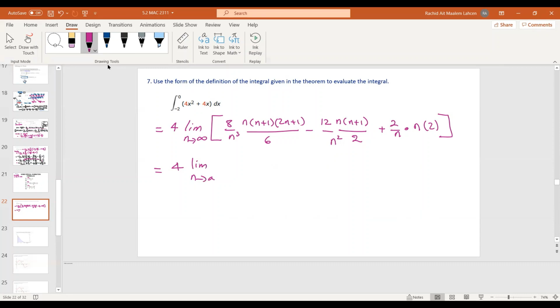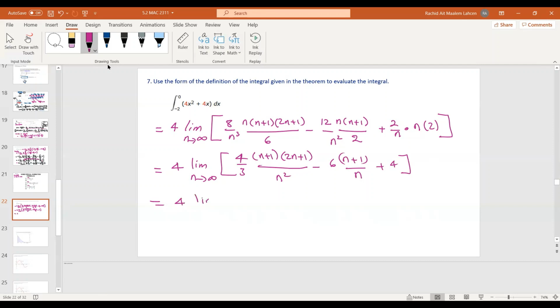the limit as n approaches infinity of 4/3 times n plus 1 times 2n plus 1 over n squared, minus 6 times n plus 1 over n, plus 4. Just to simplify, we'll keep working on it, simplifying.